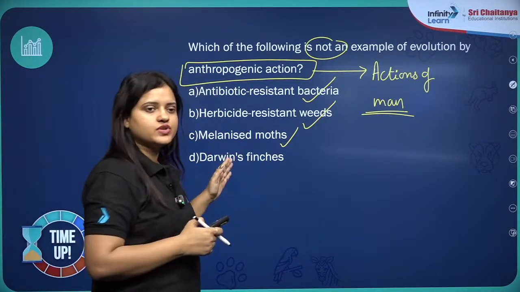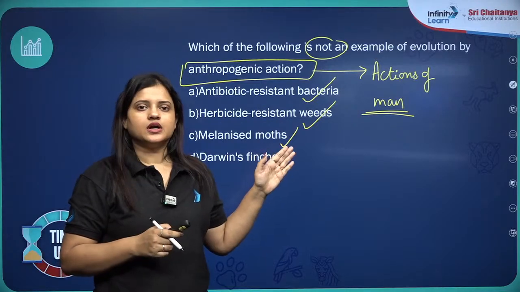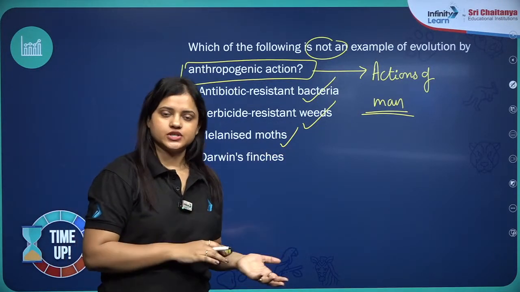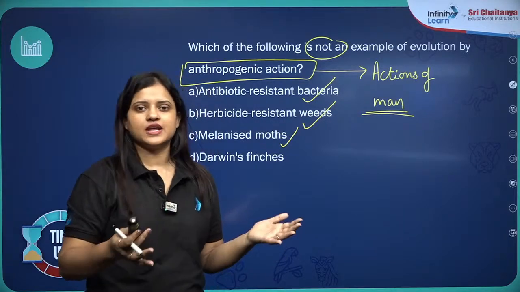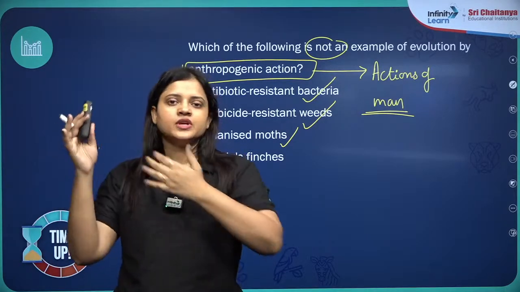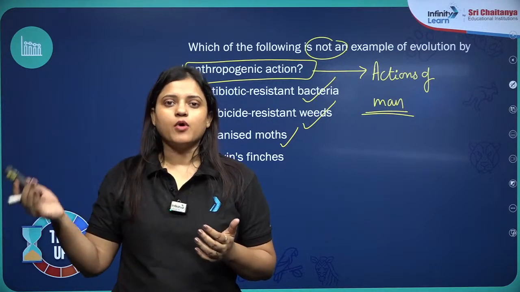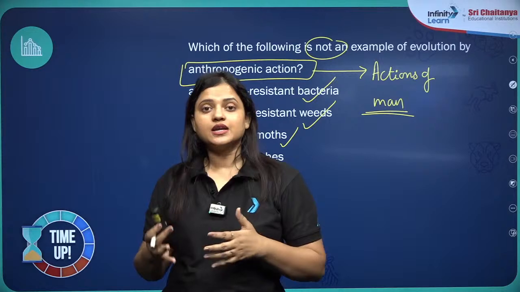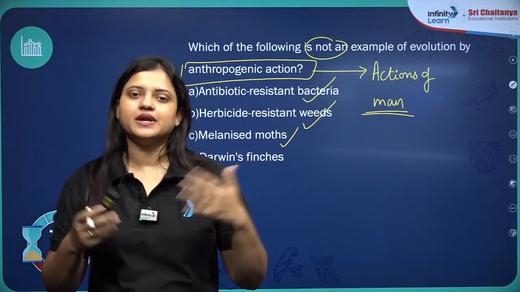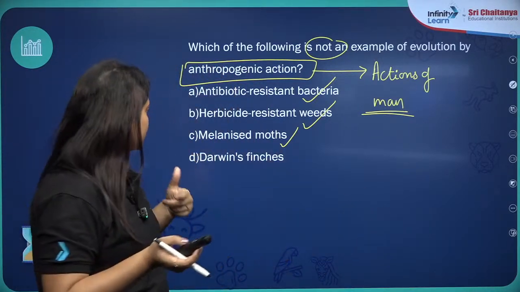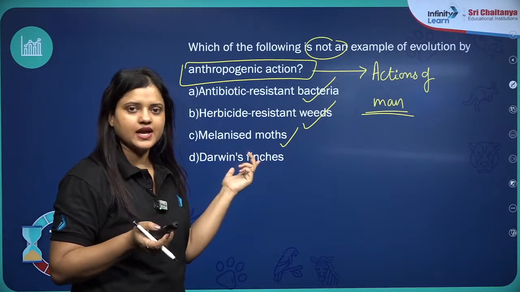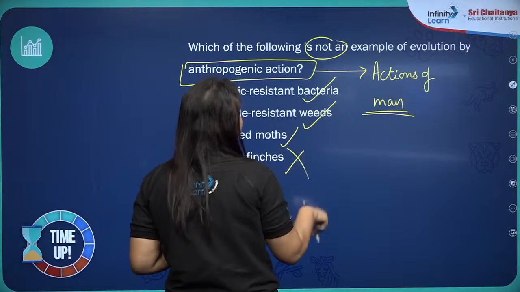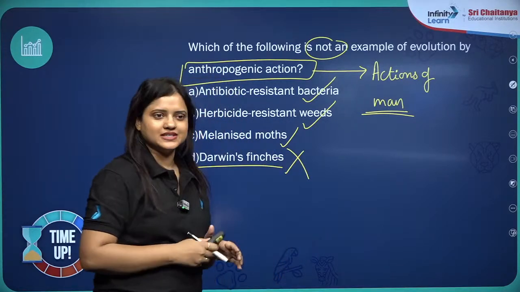So because of industrial melanism, what happened? The number of moth with light colored wing were more initially before industrialization, but after industrialization when soot deposited on the trees, what happened? The dark color moth were able to protect themselves from the predator because of the camouflaging. डार्क कलर मॉथ नहीं दिख रहे थे predator को, तो उनका number बढ़ने लग गया after industrialization. तो ये industrial melanism भी हमारे वजह से है, anthropogenic action के वजह से है. Darwin's finches, इसमें हमारा कोई role नहीं है, so answer should be D.